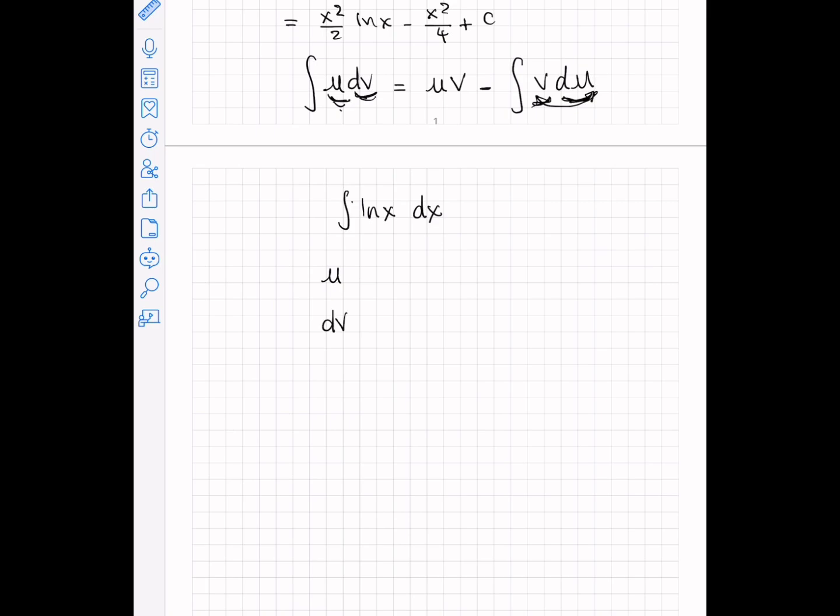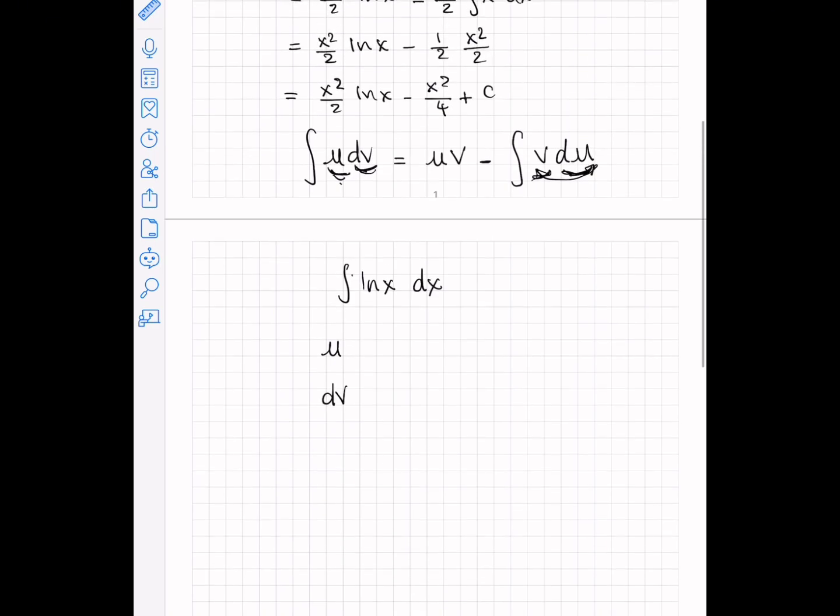Let's put dv on top. So always put dv on top, u down. Okay? So dv is equal to, and it's going to give us a v, and then u is equal to, and it's going to give us a u.